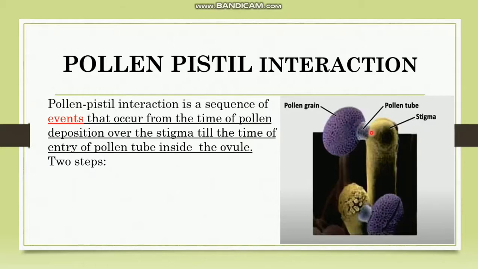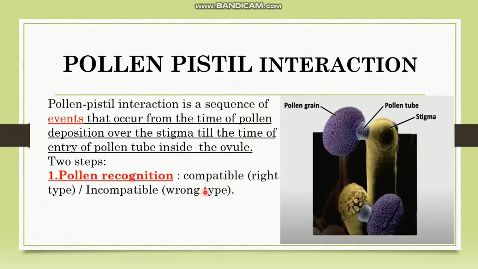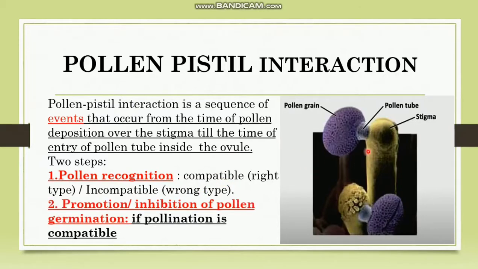So in that case, the pistil has the ability to recognize whether the pollen received is the right type, that is compatible, or the wrong type, incompatible. If the pollination is compatible, then the pistil will promote the germination of the pollen grain on the stigma and further the growth of the pollen tube, which reaches the ovule.